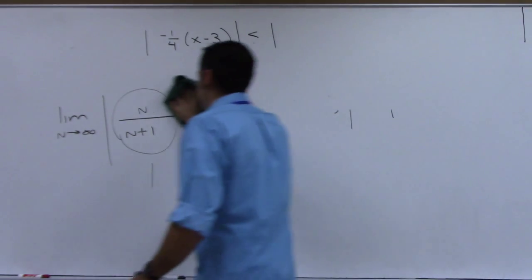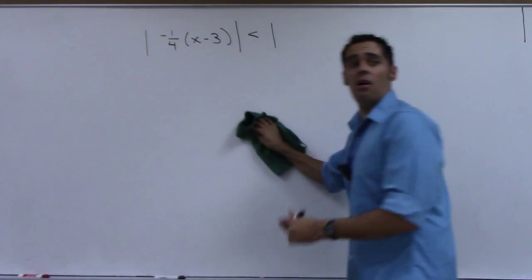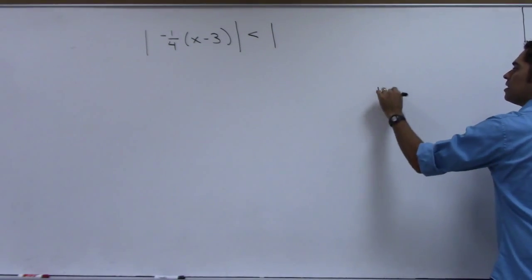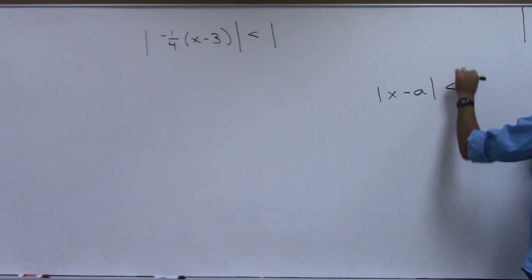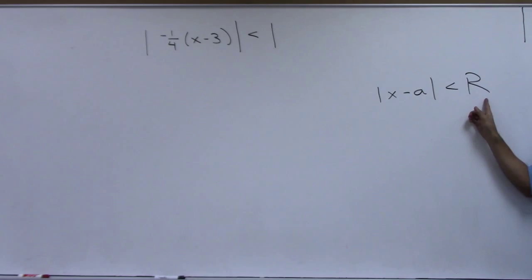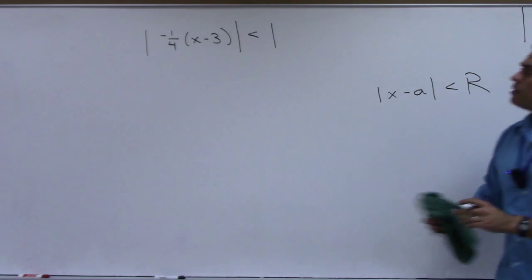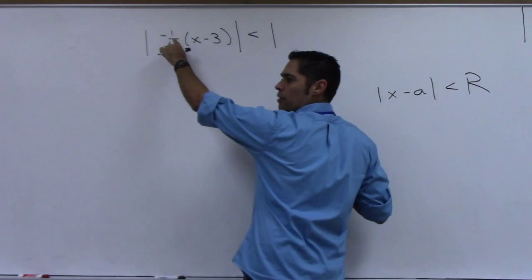Now I just showed you a second ago that to get your capital R, you need to get it to look like this. Capital R will be the number that's over here after you've got the x minus a by itself. So I have a problem. I have the negative 1/4 there.